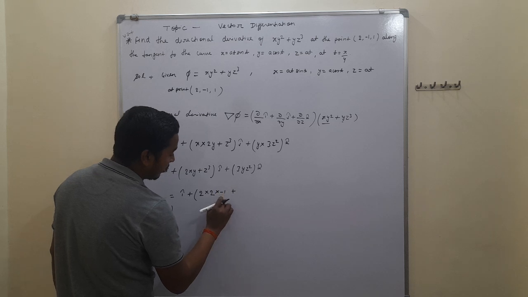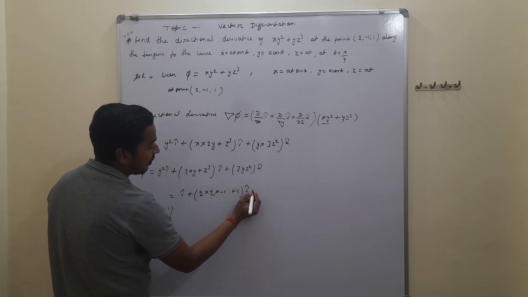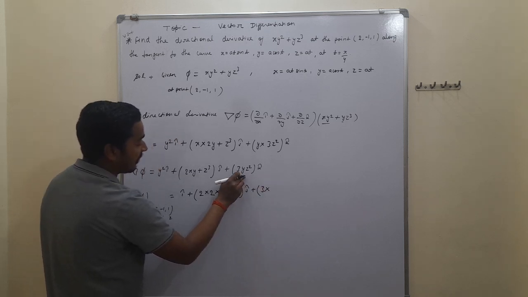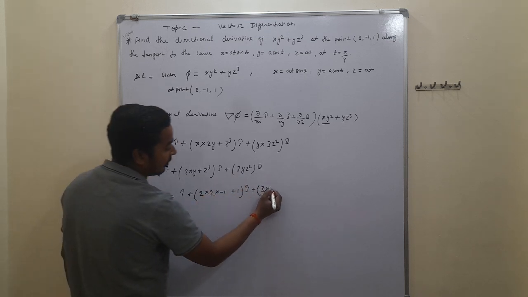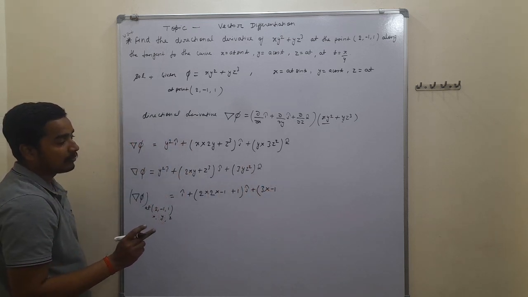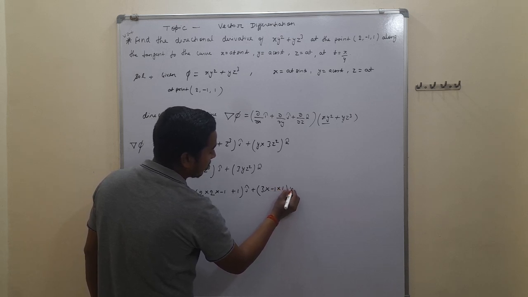Plus 3 times, in place of y -1 and in place of z 1, and 1 squared is 1, k cap.